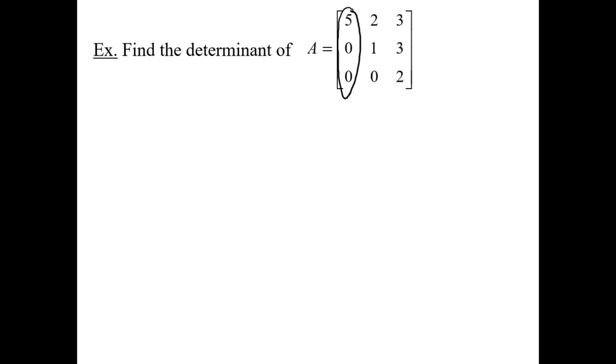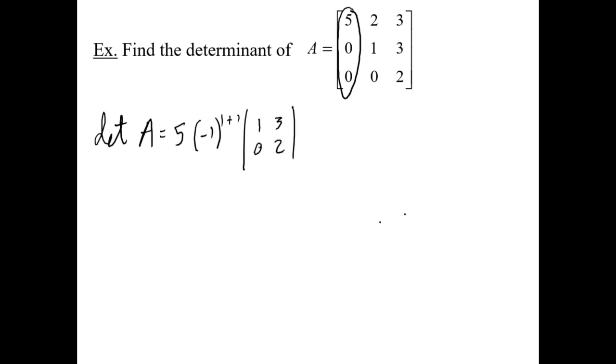So the determinant of A is equal to, so let's see, it's going to be 5 times negative 1 to the 1 plus 1 power times the smaller determinant, which is 1302. And of course, the nice thing about picking that column is all the zeros, right? The only thing that matters is that 5.